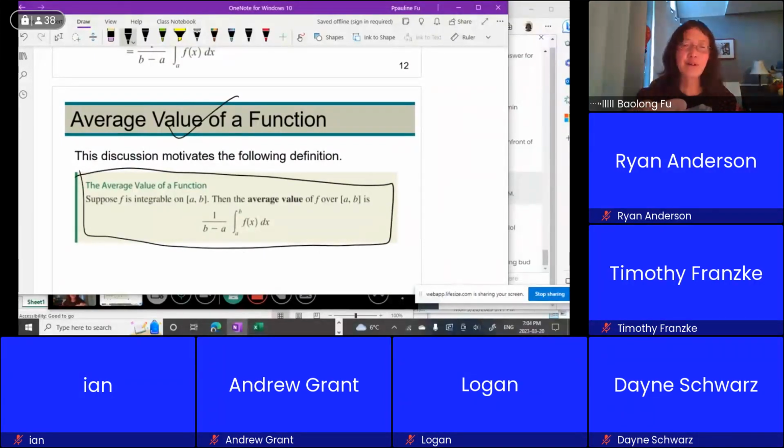So we need to use this part. The average of function f over [a, b] is the integral from a to b, then times 1 over b minus a.